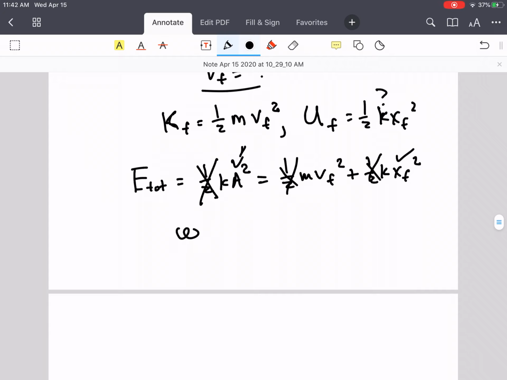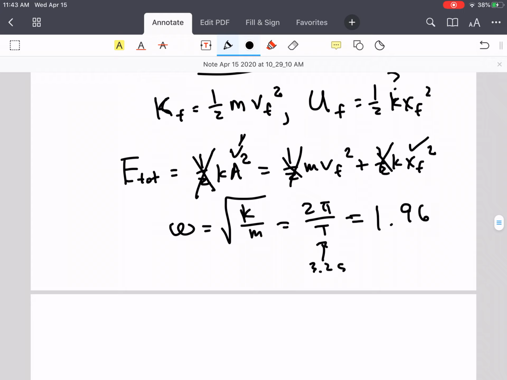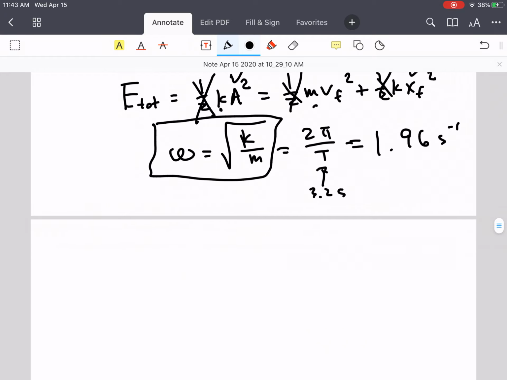I know that omega is the square root of k over m. And furthermore, I know that omega is 2 pi over T. I'm told that T is 3.2 seconds. So with a little bit of work, I can figure out that omega is 1.96 radians per second. So I do know omega, and notice that omega allows me to connect k and m, which are two unknowns in this problem. So let's go ahead and do that. I'm going to square both sides of this equation, multiply by m.